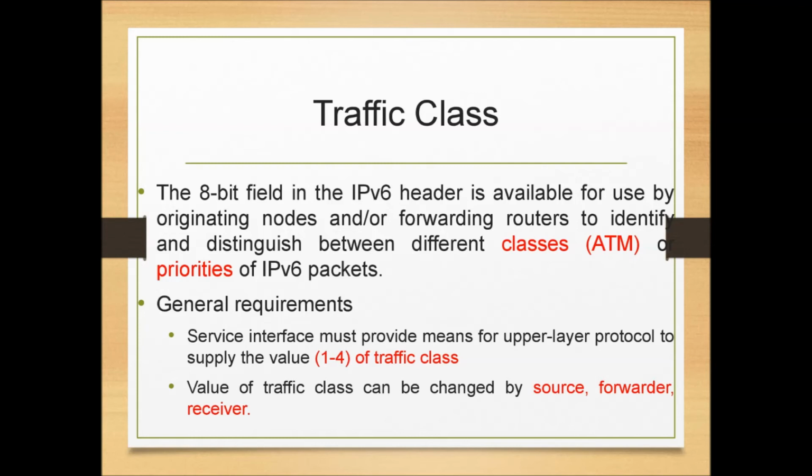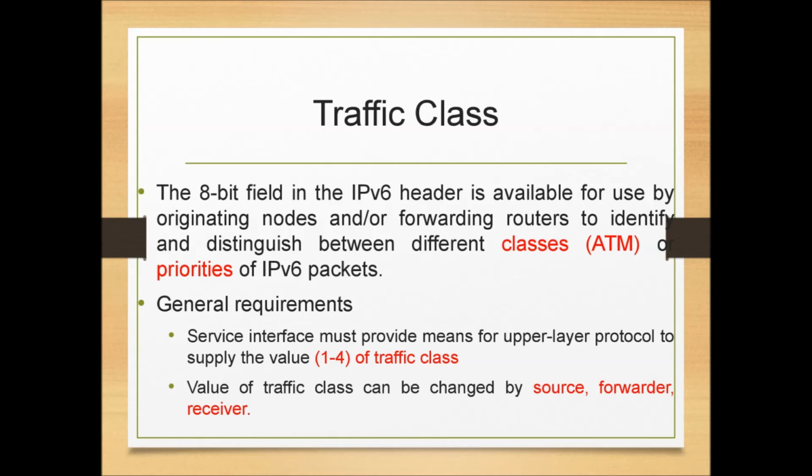General requirements: the service interface must provide means for the upper layer protocol to supply the value 1 to 4 for traffic class. As we have just discussed in the ATM class concept, there were 4 classes: CBR, VBR, ABR and UBR, and we provide different numbers to these classes.